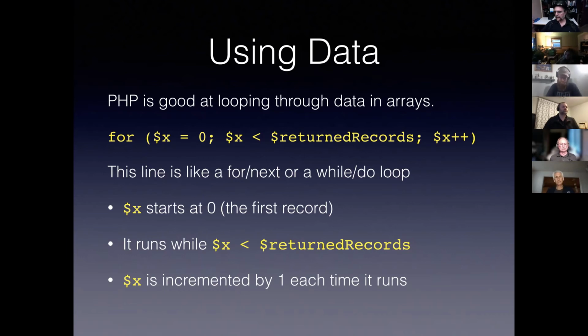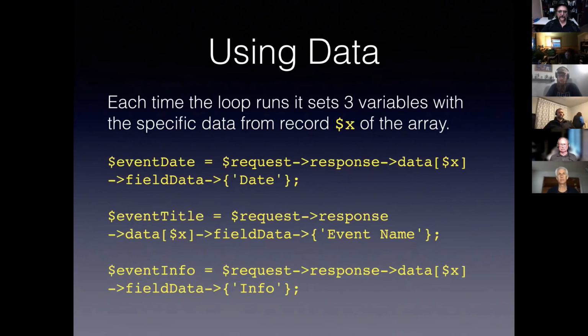It's like a for next or a while do. Every computer language has got looping stuff like this, and some of it works in different ways, except for, well, actually FileMaker does have a while do now. I just haven't used it. So x starts at 0, and each time, so x equals 0, it's going to set a variable from record 0.